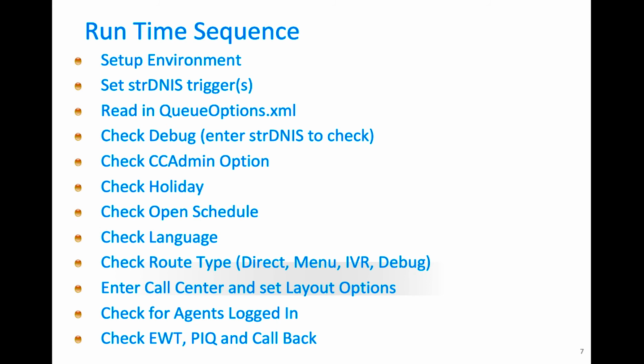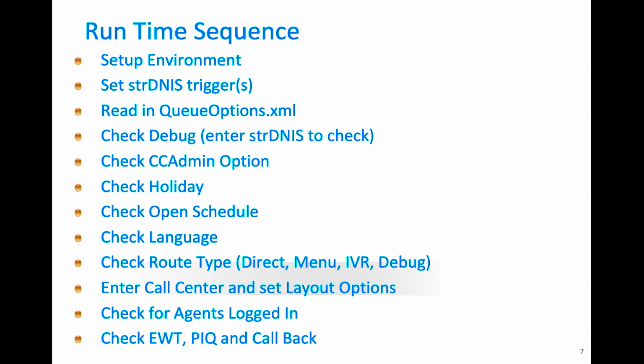The next thing we do is check the CC admin option, check for holidays, check the open schedule. So there's an external XML file that has the open and close days for each CSQ. And again, we find that through the string app prefix.